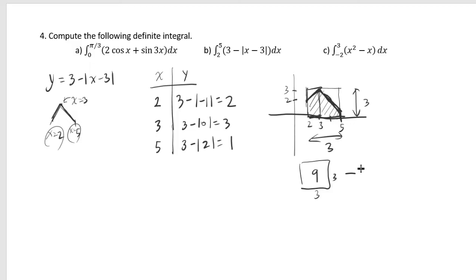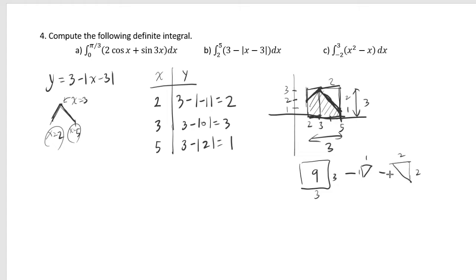So you end up with a 1 by 1 triangle, and then subtract, and this would be a 2 by 2 triangle, because 3 to 5, that's 2, and again, because this is 1, 1 to 3, that's 2. So you have a 2 by 2 triangle.